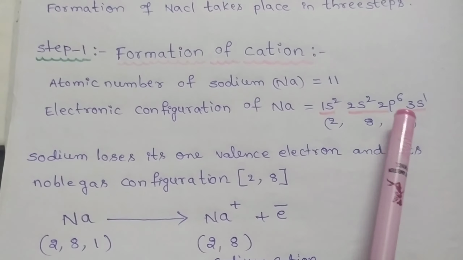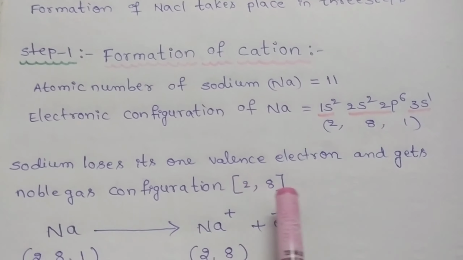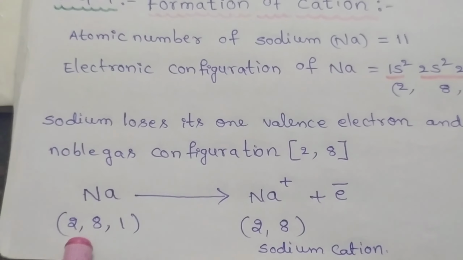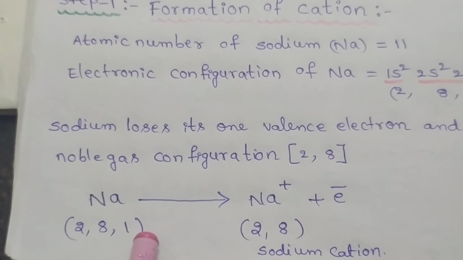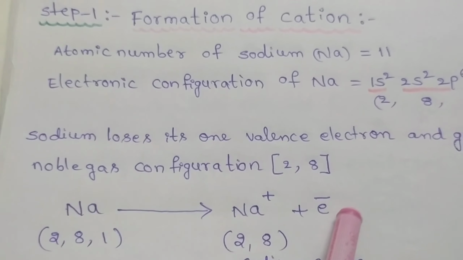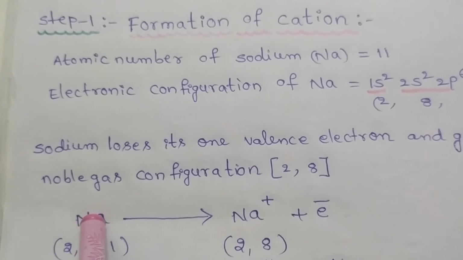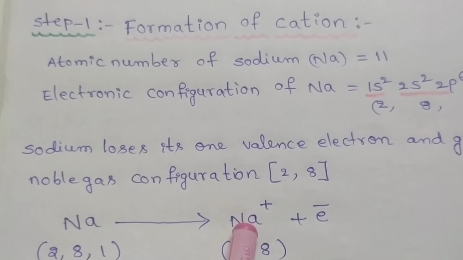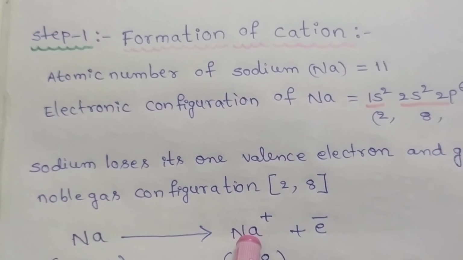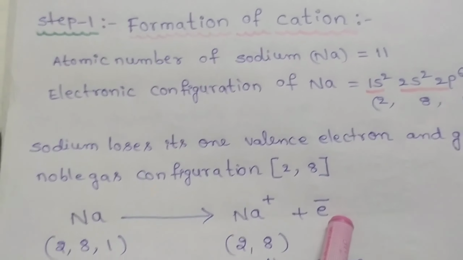So it gets the nearest noble gas, that means neon configuration, 2, 8. So sodium having the electronic configuration 2, 8, 1, in order to get neon configuration, loses 1 electron and is converted to Na+. If any atom loses an electron, it gets a positive charge. So we can write Na+ plus electron.